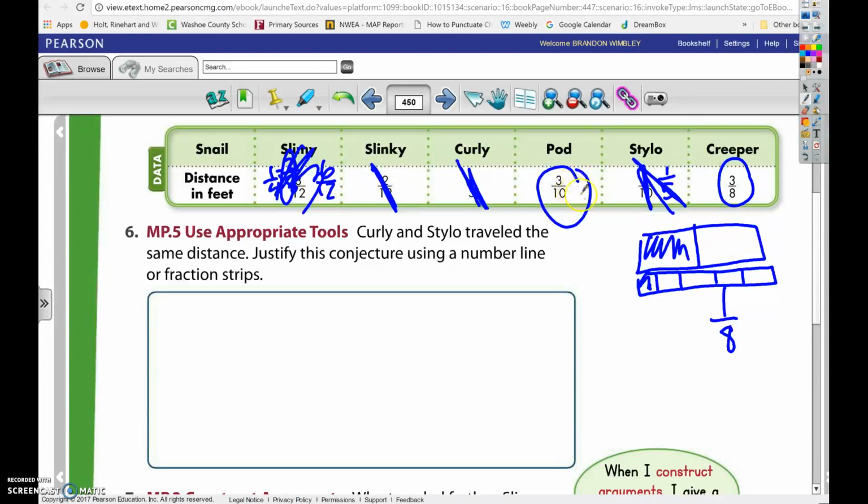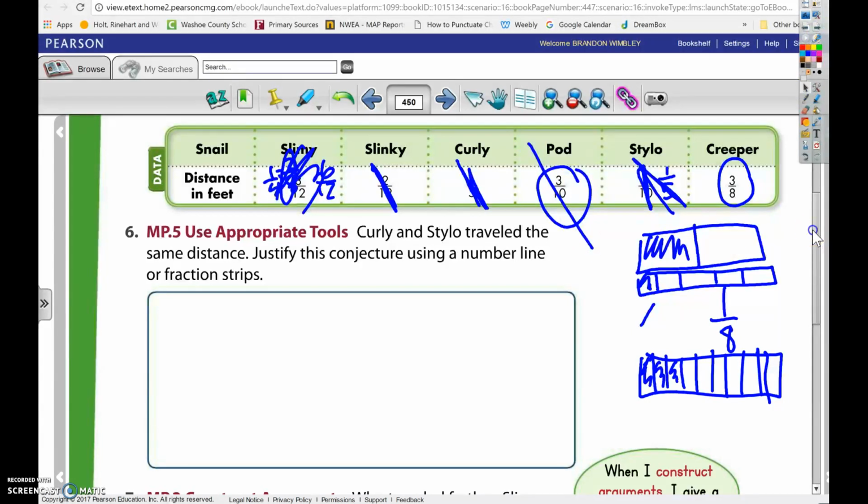Now, Pod is similar to which one was it? It's similar to Stylo because he's kind of far away from being at my halfway mark for my benchmark. I'd have to break it up into 10 pieces, 1, 2, 3, 4, 5, 6, 7, 8, 9, 10, and he's only 3 shaded in, whereas my 3/8 is really close. So my answer is Creeper.